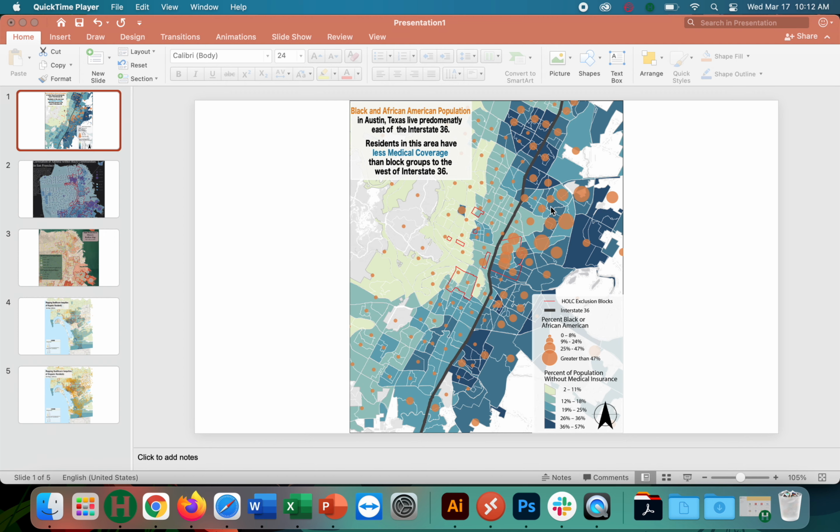But there's definitely a correlation between these high instances of census blocks with people that are uninsured, right, and that proportion of people within the community that are black, right, and then there's a stark geographic divider between those two.